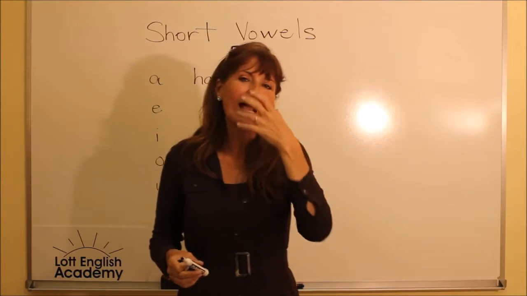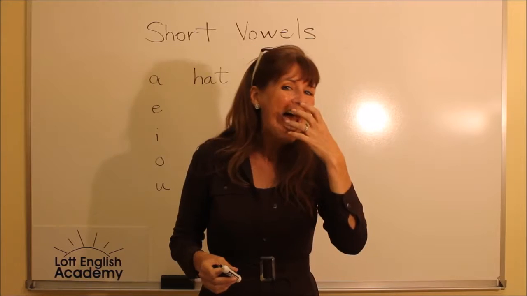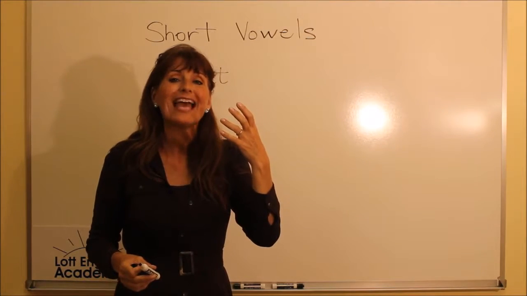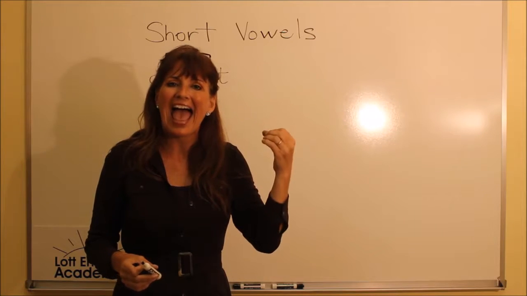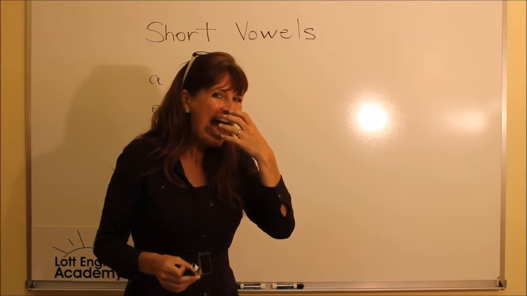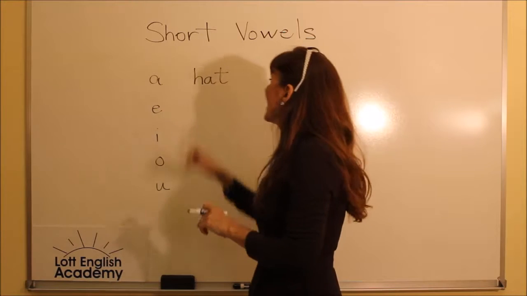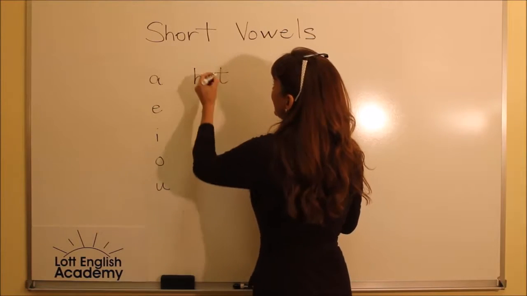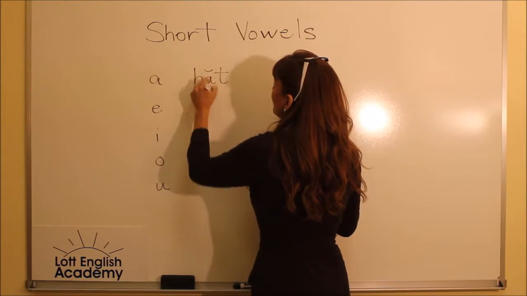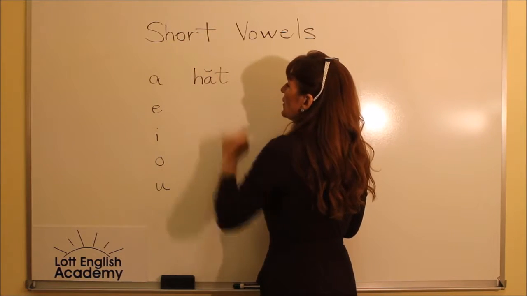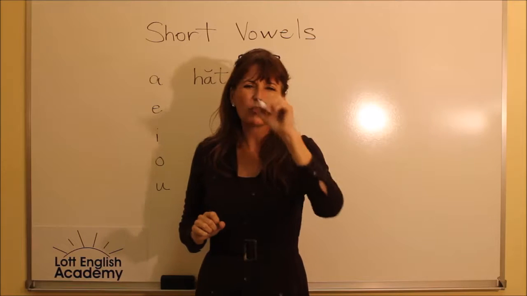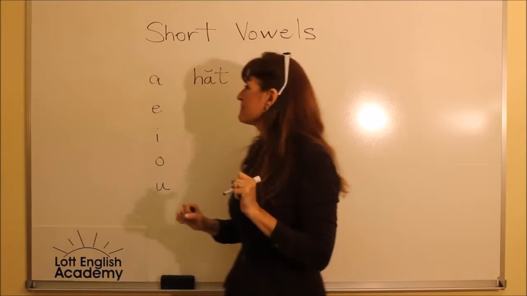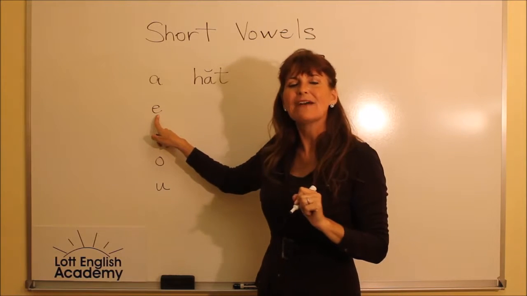That shape in your mouth when you're going to eat your apple is the same mouth position to make the short A sound. So apple. Hat. In phonics, when we make a short vowel sound, we put this symbol over the letter to show that it's the short sound. A, hat.